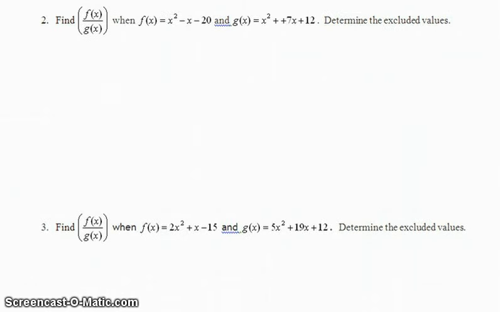Looking at example 2, we have f of x divided by g of x. So my first step is to replace f of x with the expression. So I have x squared minus x minus 20 over g of x, which is x squared plus 7x plus 12.